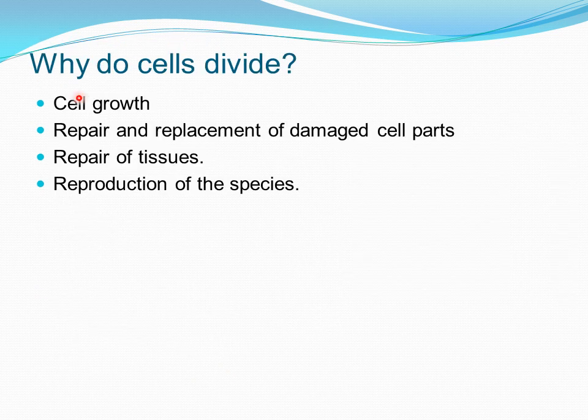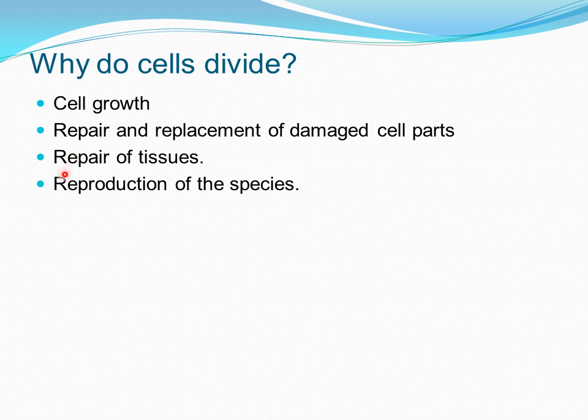Now here we will concentrate to know why do cells actually divide. So what is the necessity of cell division? Why is it required? So a cell should grow. For the growth of a cell, it should divide. If there is a damage in a cell or a damage in a tissue, for the repair and replacement of the damaged cell parts, cell division is required.